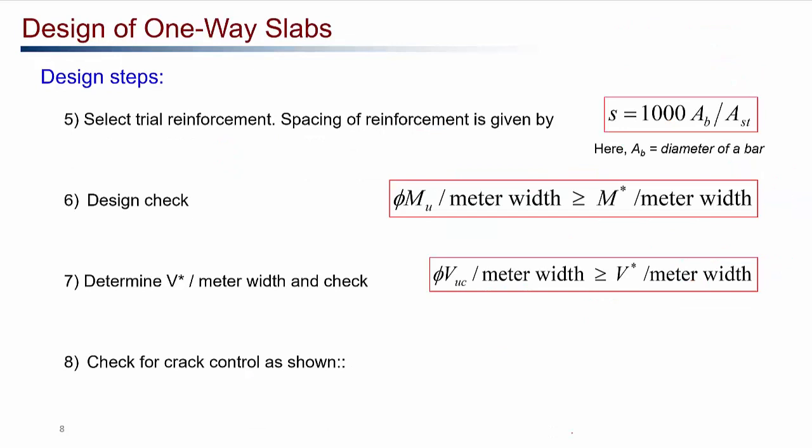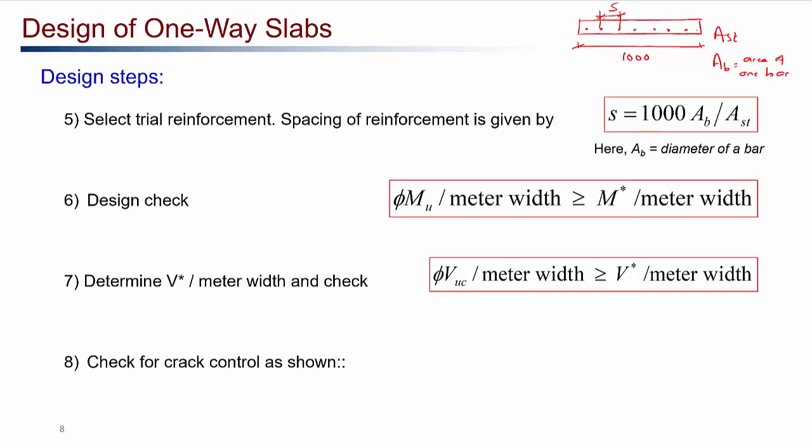So once we have the trial reinforcement area, AST, as calculated before, we need to find out the spacing of the reinforcement. Now, as we are considering the slab as a beam of 1000 millimeter width, we have the reinforcement distributed over this 1000 millimeter width, and the area of reinforcement as we calculated is AST. We consider that the spacing between the reinforcements is S, and the area of one bar is denoted as AB.